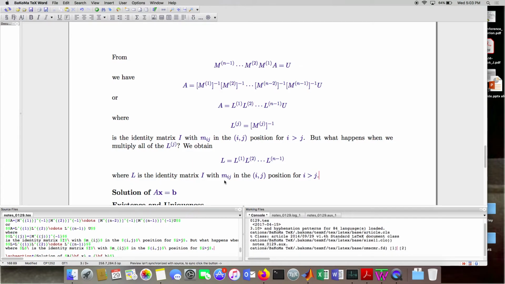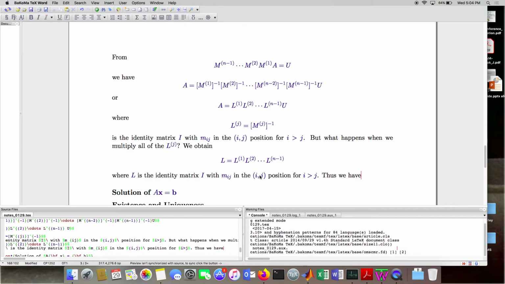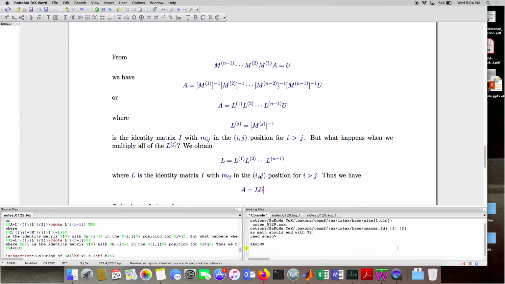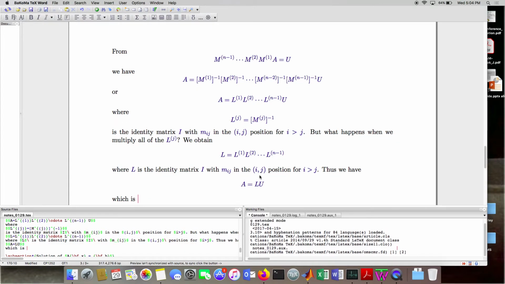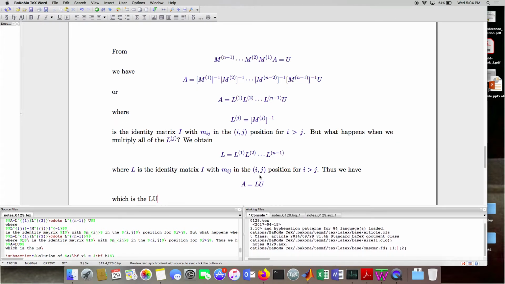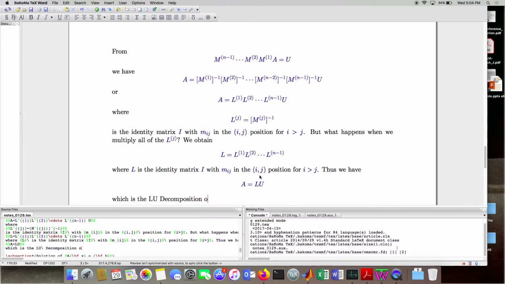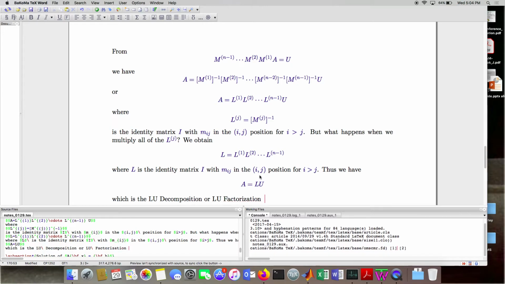So in other words, the entire lower triangle is filled with the multipliers that were used or were needed during Gaussian elimination. So we have A equals LU, which is the LU decomposition or LU factorization of A.